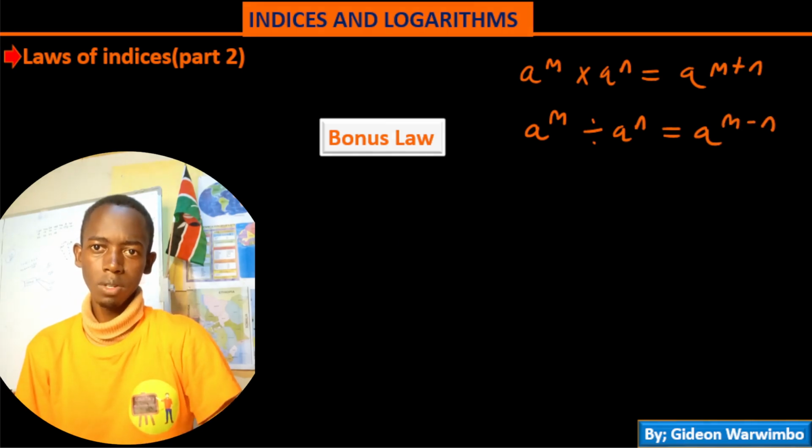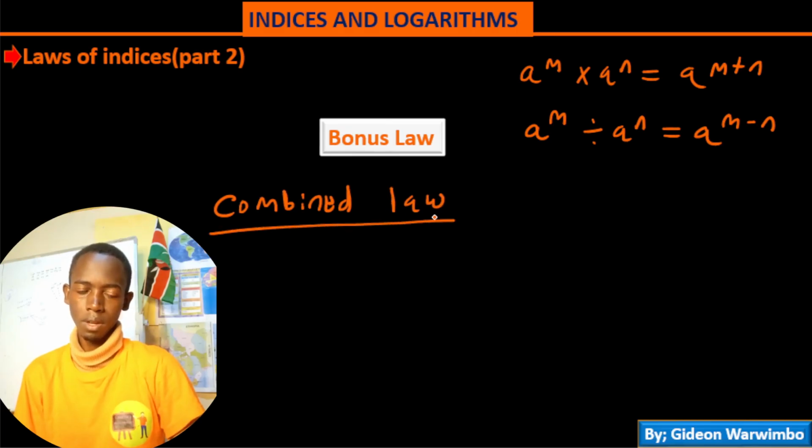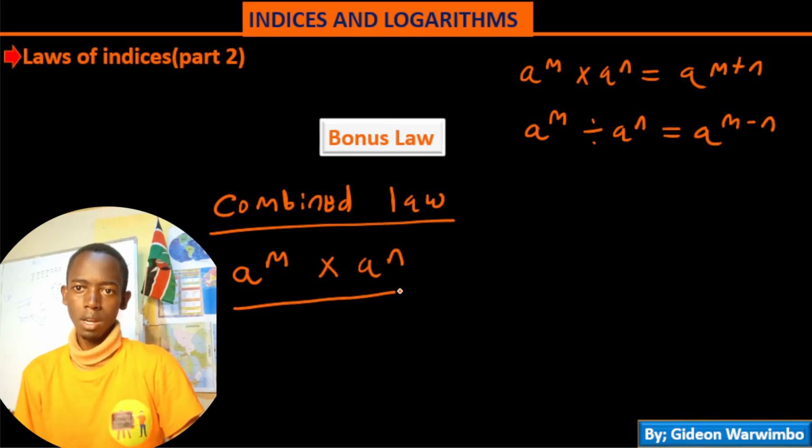But what if we've got a combined case? Let me call it the combined law, for the purposes of consistency. Suppose that you've got something like a to power m multiplied by a to power n, and then divided by another value, a to power x.